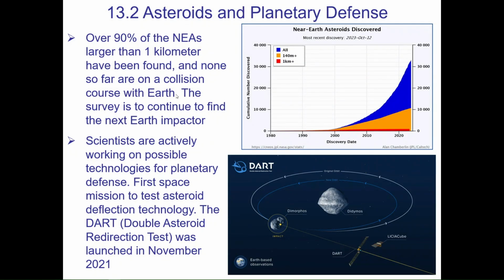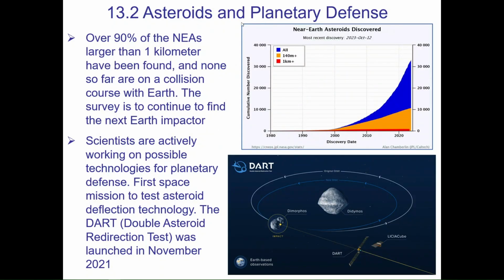Of course, we also look at even smaller asteroids, because even a smaller asteroid can result in a big disaster on the surface of Earth. The survey continues to find the next Earth impactor.